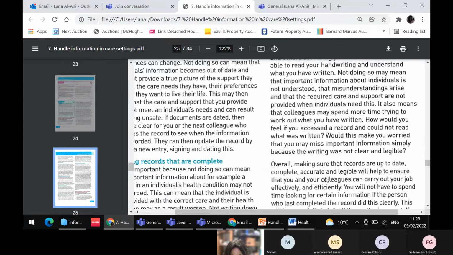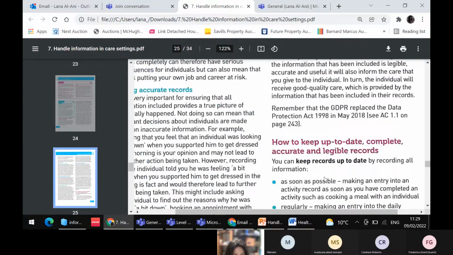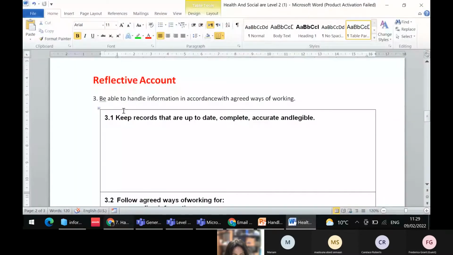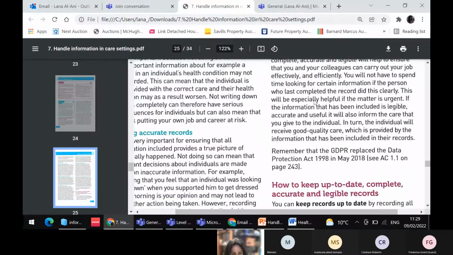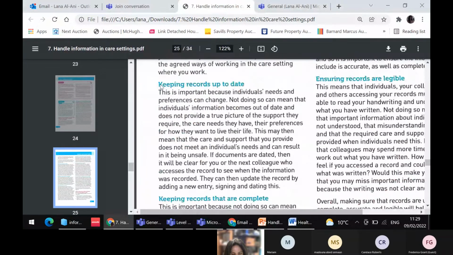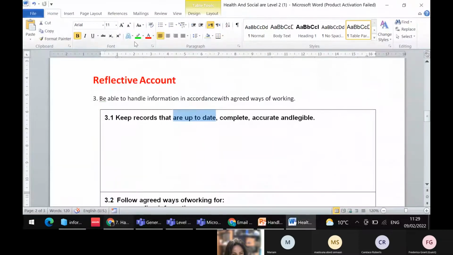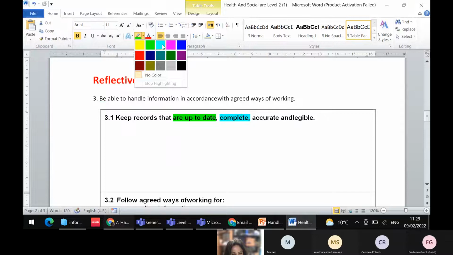So if I was going to answer this question about myself, how to keep records that are up to date, complete, accurate, and legible, what I would say is, here they put keep records up to date. So what they did was they divided them: complete, accurate.